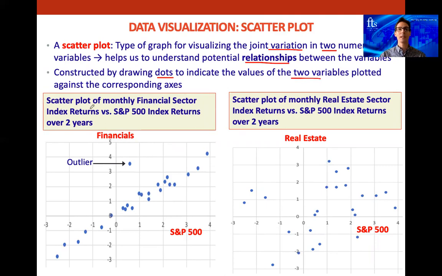So here we've got a scatter plot of the monthly financial sector index returns versus the S&P 500 index returns over 2 years. So if we've got monthly returns over 2 years, that's going to be 24 dots. There should be 24 dots. If you count them, there'll be 24 dots over here.